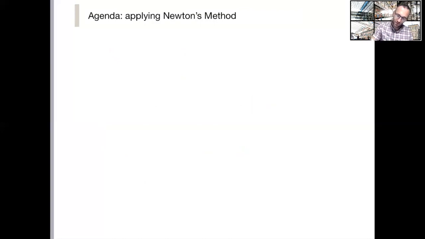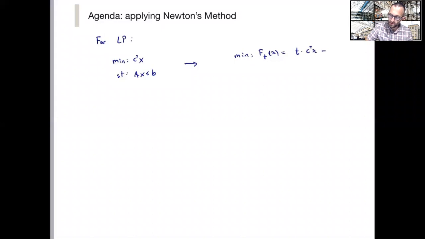that this works. So what do we need? Let me quickly again write out what we had for LP. We had minimize C transpose X subject to AX less than B. Instead, I write down this function, minimize f_t of x, which is t times c transpose x minus sum of the logs of b minus a_i x.